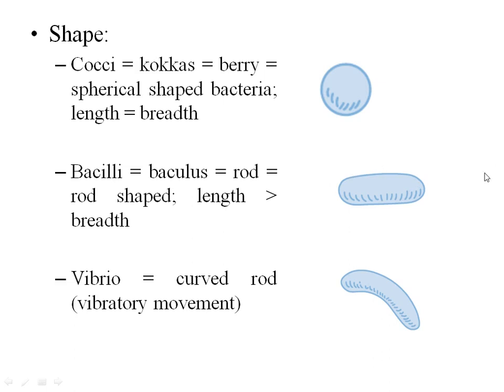Here the length is more than the breadth, so that is why this is called a rod shaped bacilli. Vibrio means a curved rod. Actually, the word vibrio is derived from the vibratory movement it does, but it's a curved rod.